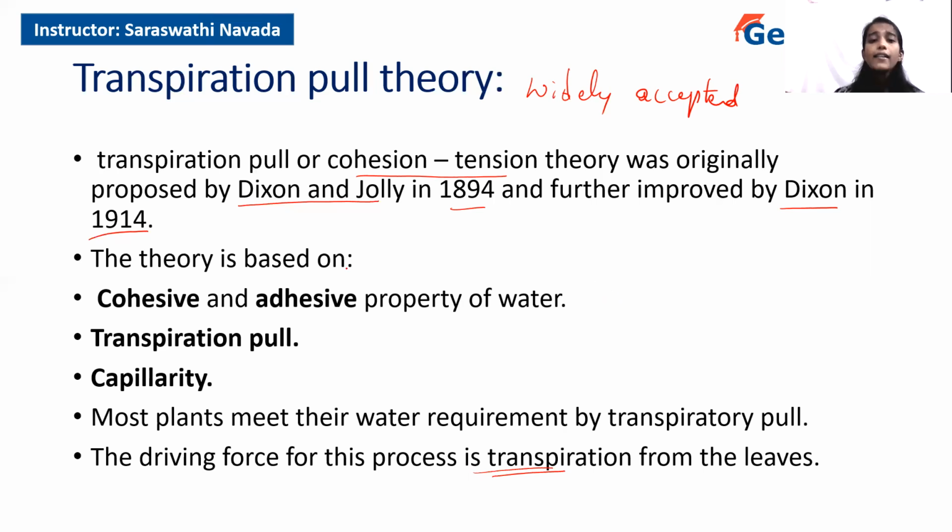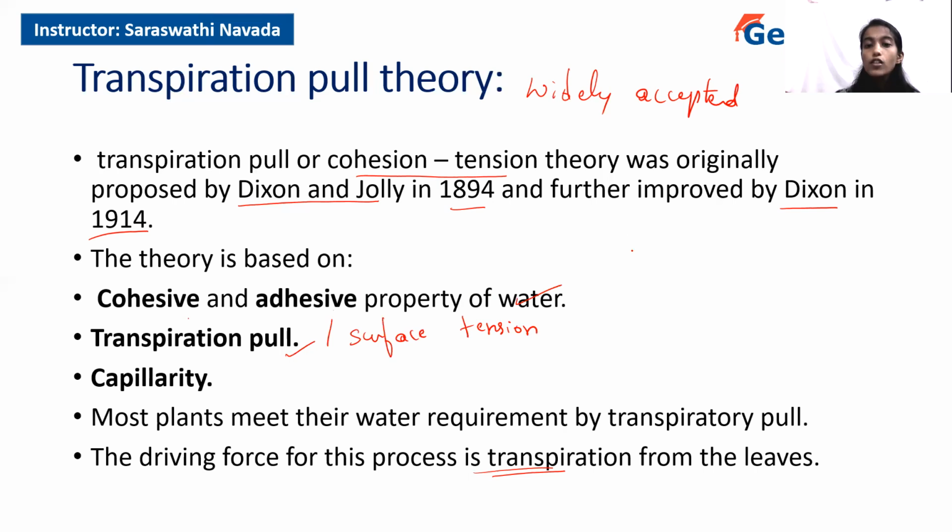And this theory is mainly based on different properties such as the cohesive and adhesive property of water, transpiration pull, also called surface tension, and next one is capillarity. These are the three processes that are used to explain the transpiration pull theory.